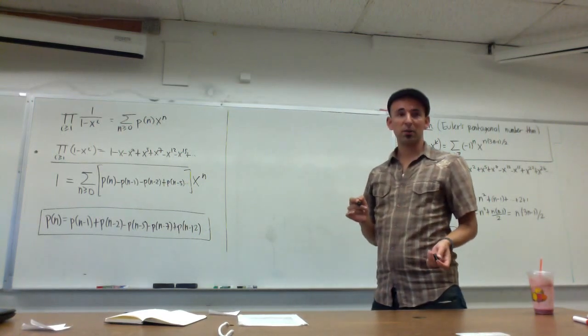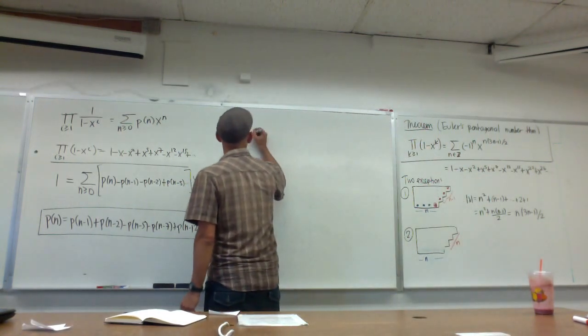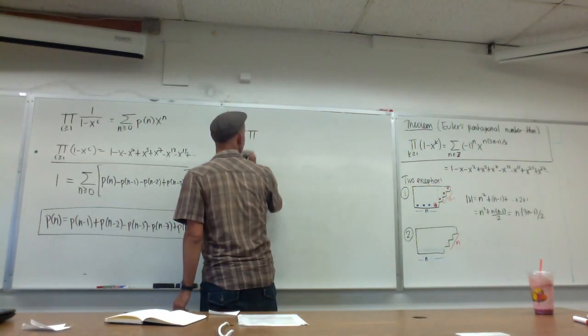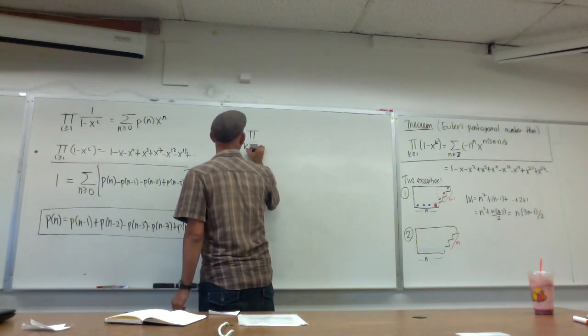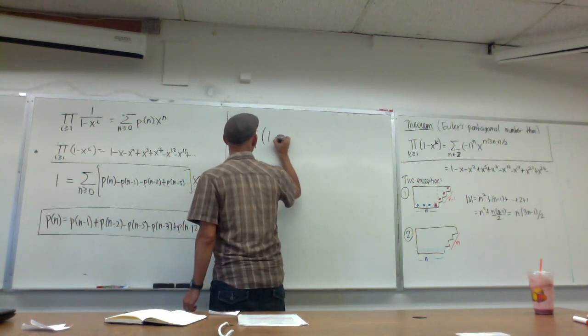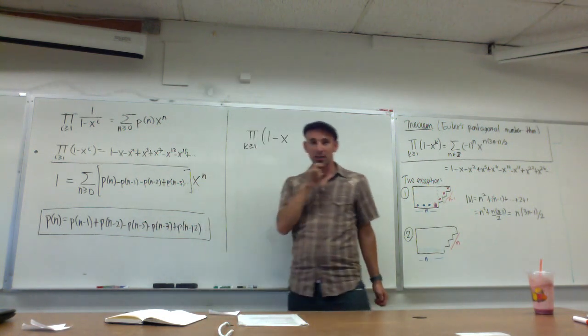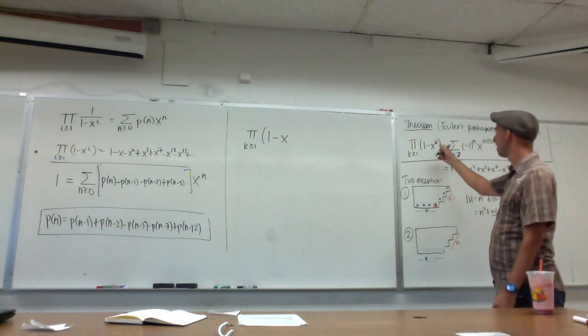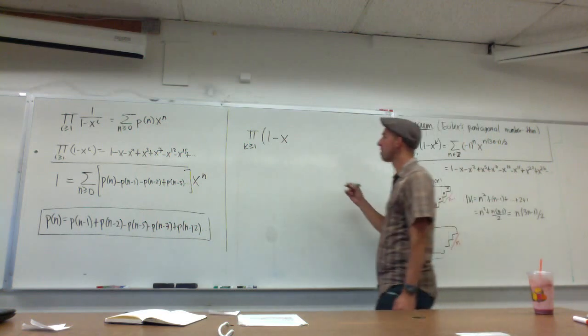The other aside that I wanted to talk to you about is this one. So what if I do the same thing, but instead of using k, I now use the Fibonacci numbers?